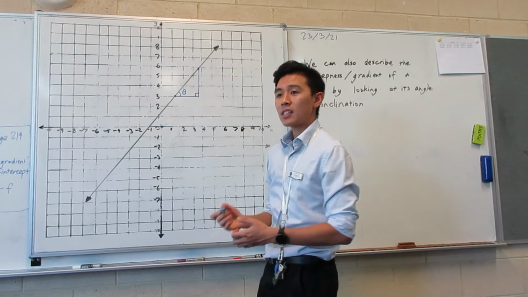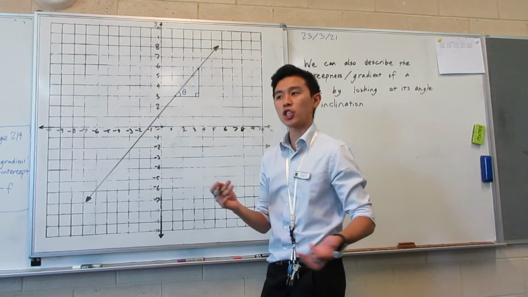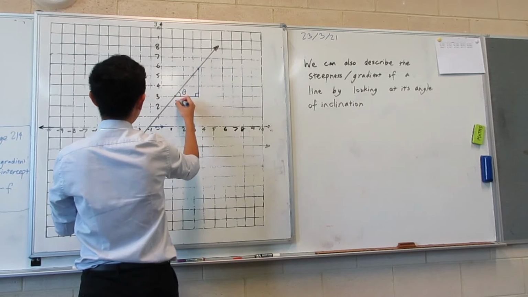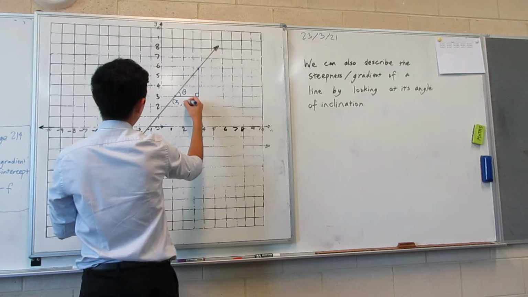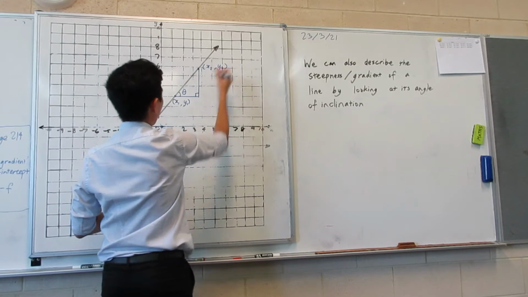Now if you imagine that this is the angle, and we want to fill in the other bits of our triangle and their dimensions, let's imagine this point is (x1, y1) and this point is (x2, y2).